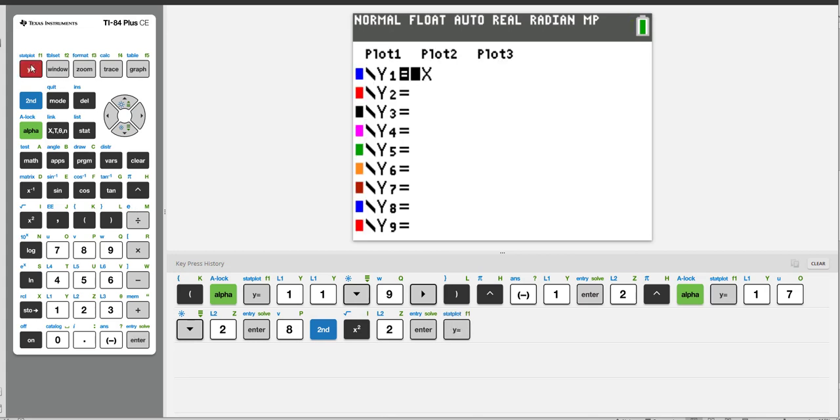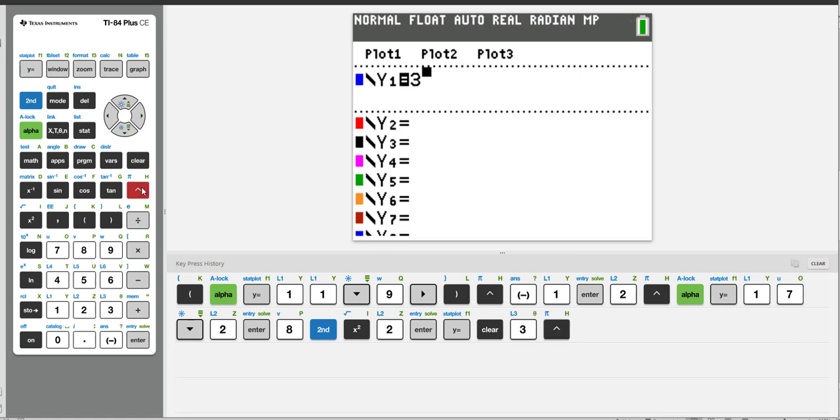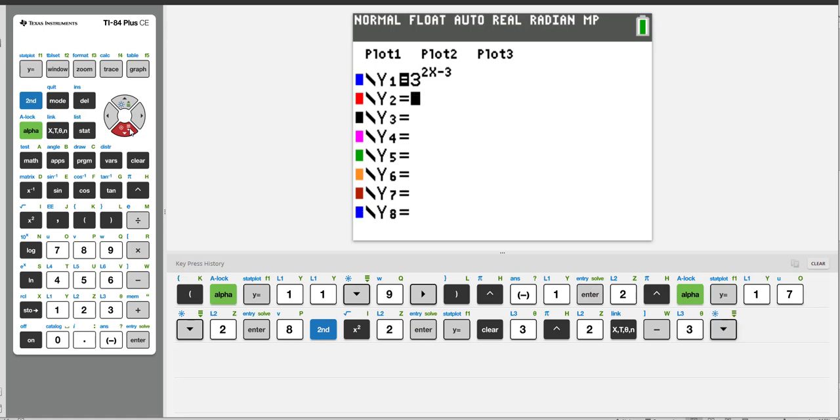If something is in y1, press clear. Type in 3 and press the caret key. Type in 2x subtraction 3 and press the down arrow. Type in 9. Press graph.